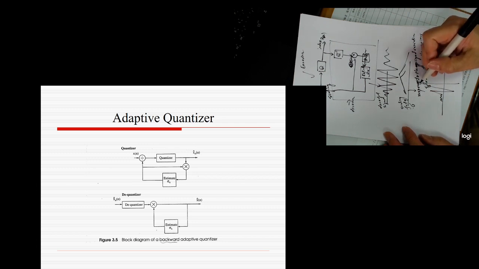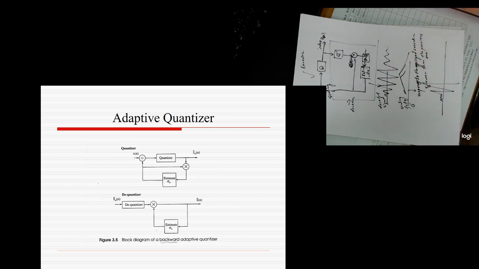So maybe it could be related to the next one, but it is not real time to respond to the current variation. So backward adaptive has no overhead encoding bit, but the response to signal variation could be slower than forward adaptive, but it has a good performance.